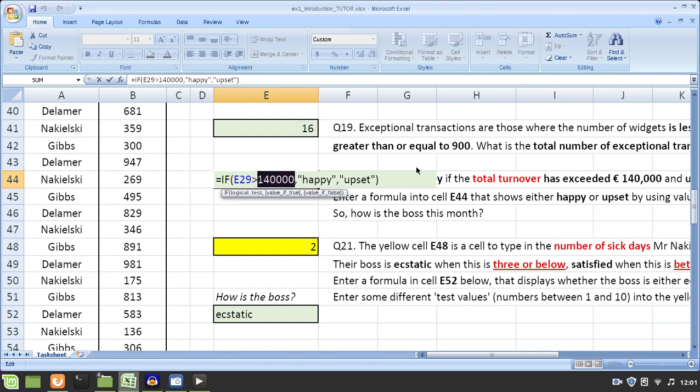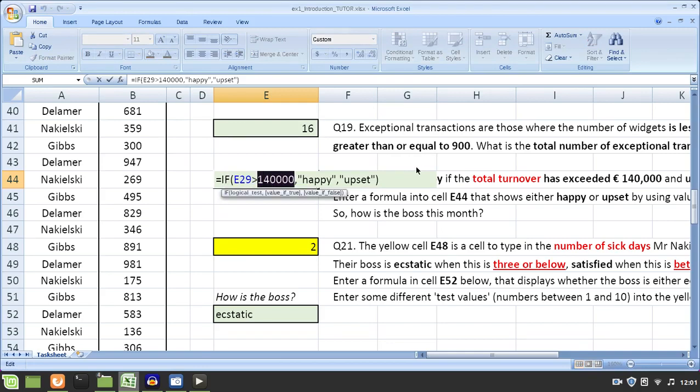Now you'll notice in the logical test there are three parts in there. There's this cell reference, then there's a symbol or an operator, and then there is something else, which could also be another cell reference. In this case, it's the number 140,000. But there are three things in there. This is the first part, this is the second part, and this is the third part.